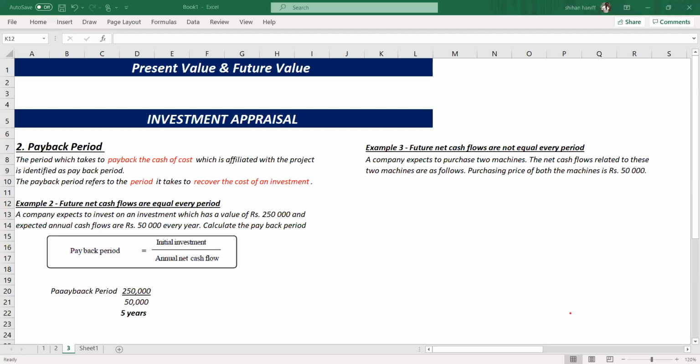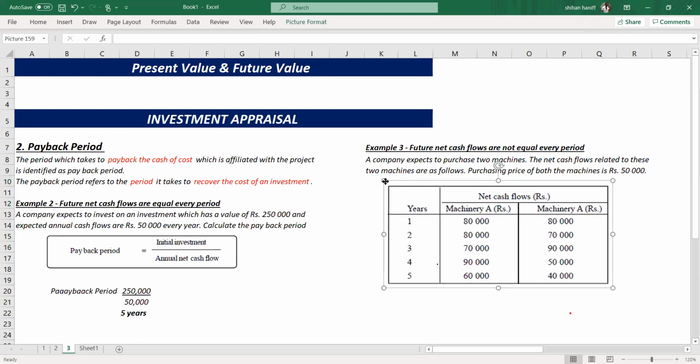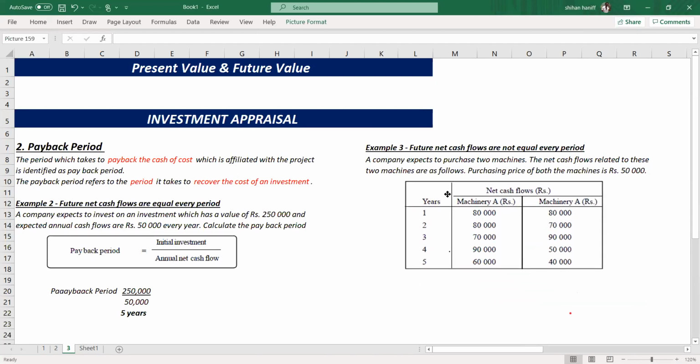Then the net cash flows are given for machinery A and machinery B. Decide which machine to be purchased by calculating payback period.